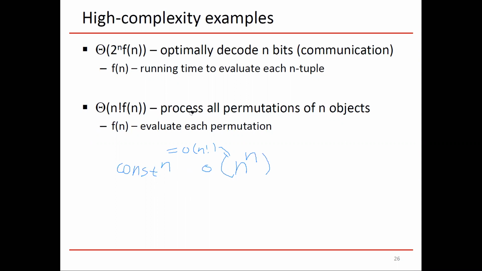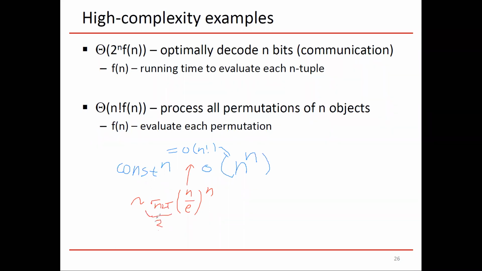Because what is n factorial? N factorial can be shown to be something like n divided by e to the power of n, and there might be a square root of n in here, and there might be a 2 pi, you know.